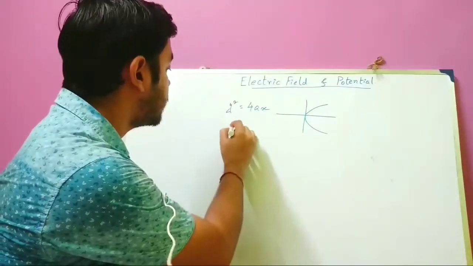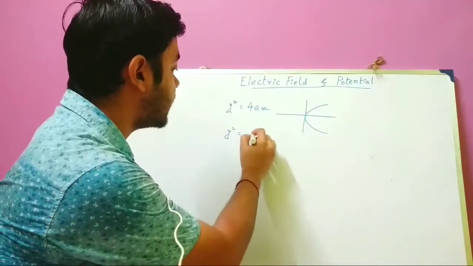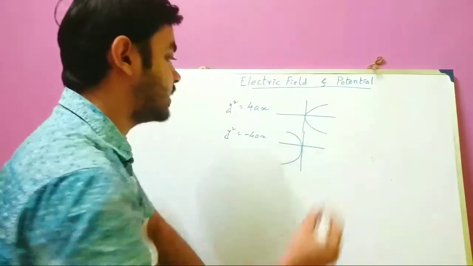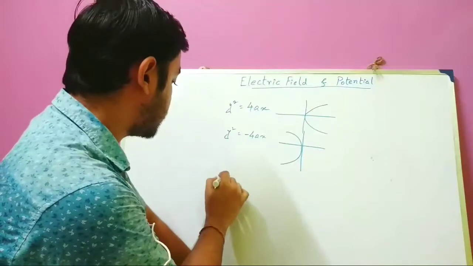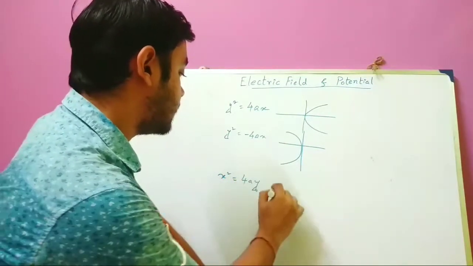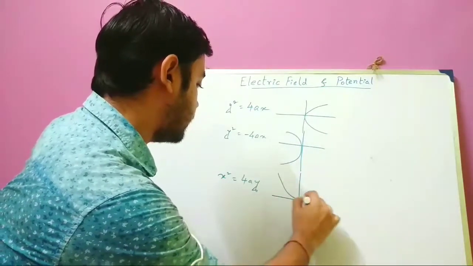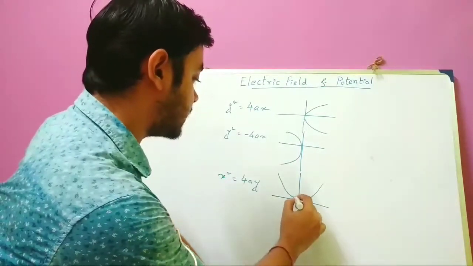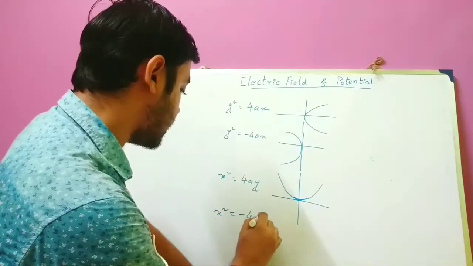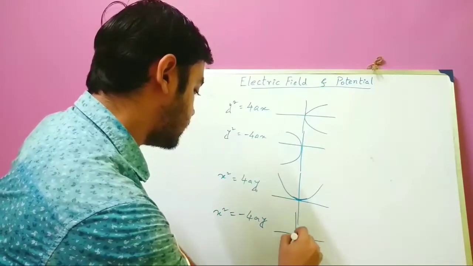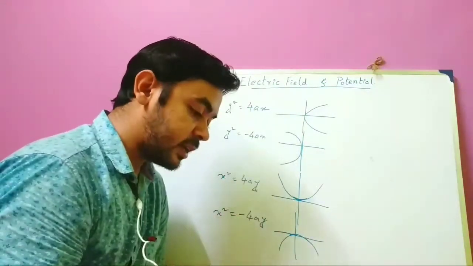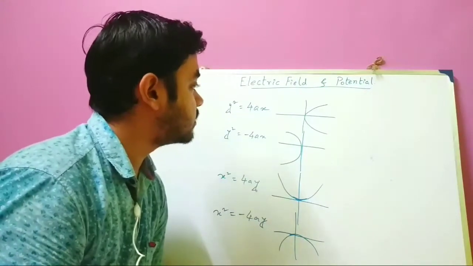If the equation is y square equal to minus 4ax, then it will be like this. If the equation of the parabola is x square equal to 4ay, then the diagram will be like this. And if x square equal to minus 4ay, then this will be like this. So these all are the equations of a parabola.